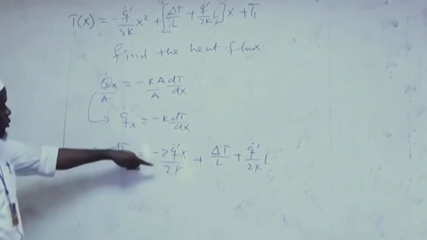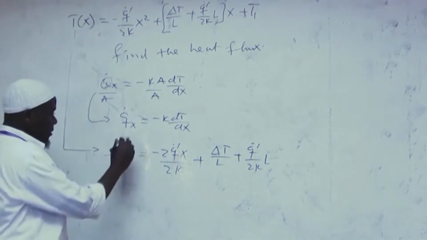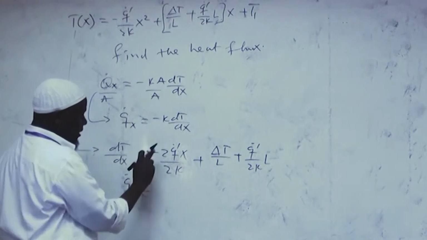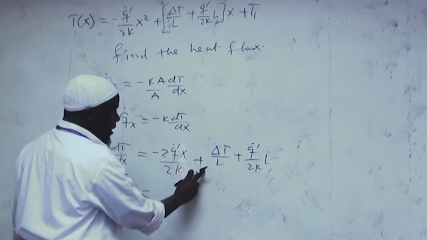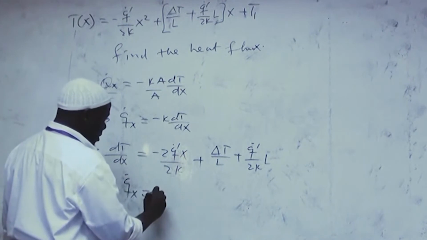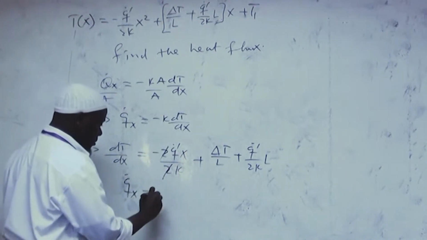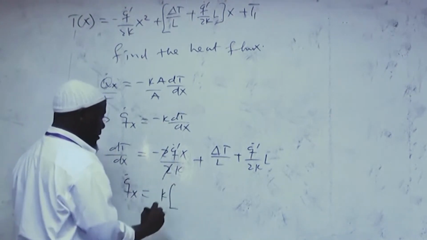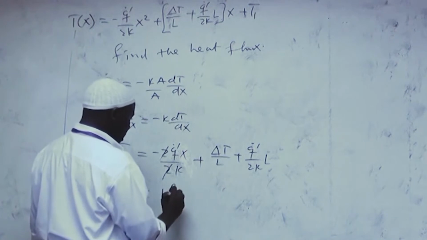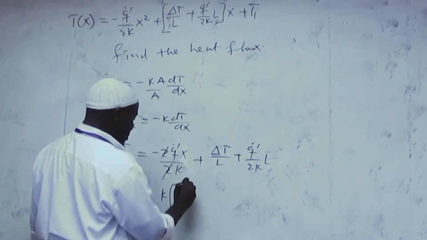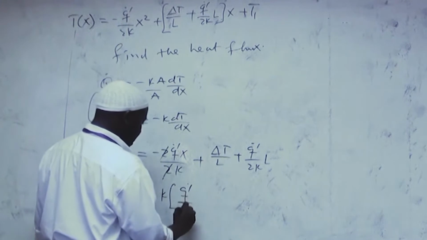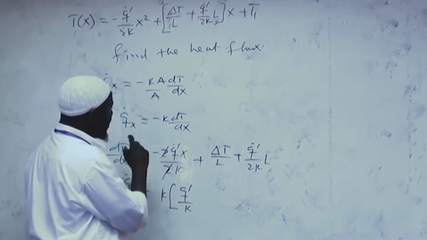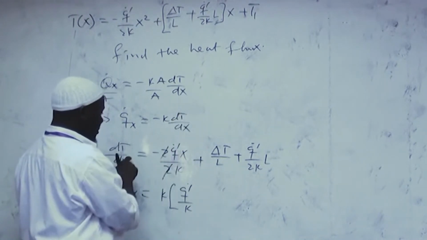So what we will do is substitute this into that. It means my heat flux equals, this is minus, this is positive, this becomes minus, and this will cancel out. So eventually I'll have k into brackets. So q divided by k, right? So what I did, yes, divided by k. So I'm multiplying k by the whole of this.